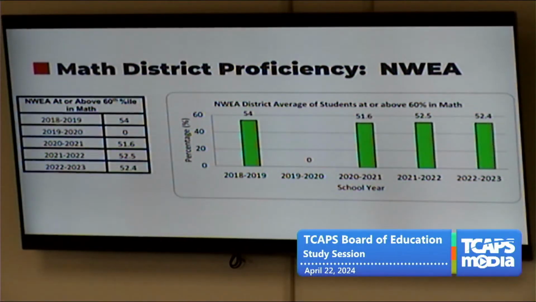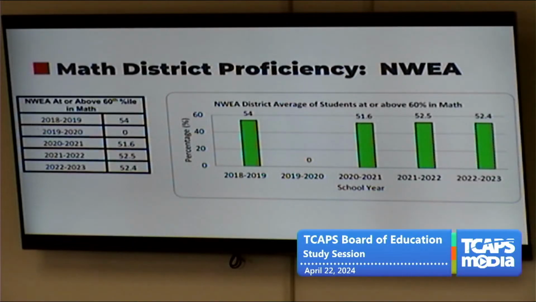All right, I'm going to do my best to talk us broad brush through some of the math-related NWEA data. What you'll see on that left side is these are all spring scores. So that's the cumulative impact of instruction from the beginning of school until students take the NWEA assessment in May.